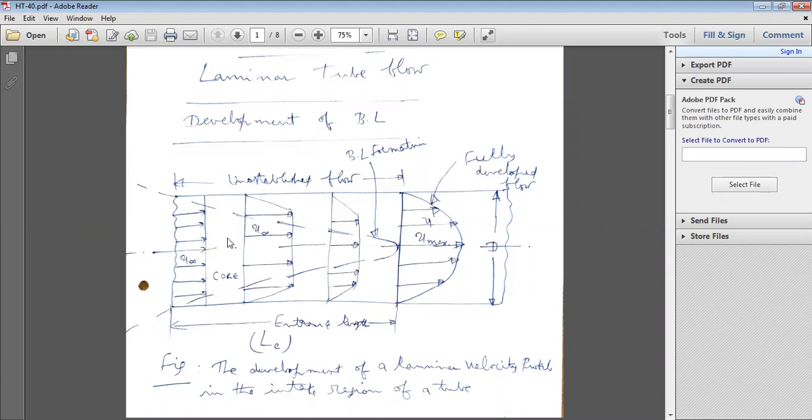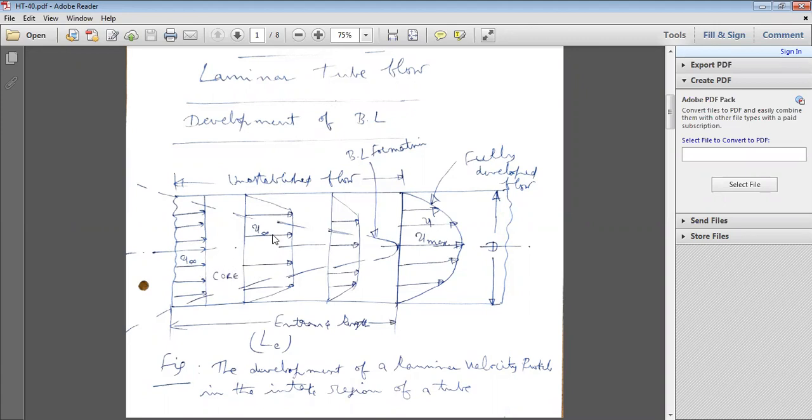Up to a certain small distance from the entrance the flow is unestablished. Once the flow stabilizes, it will be fully developed. Initially, whenever the fluid strikes the entrance of the pipe, the velocity is the same everywhere.